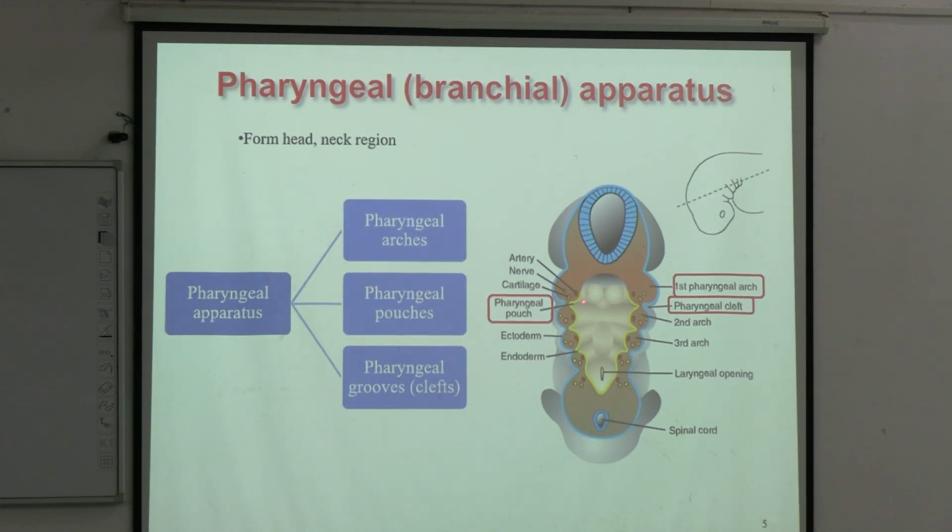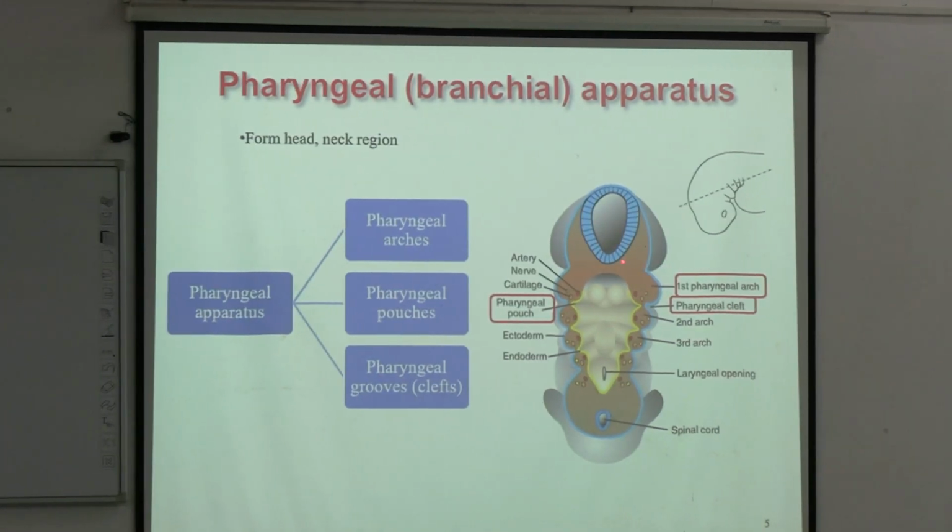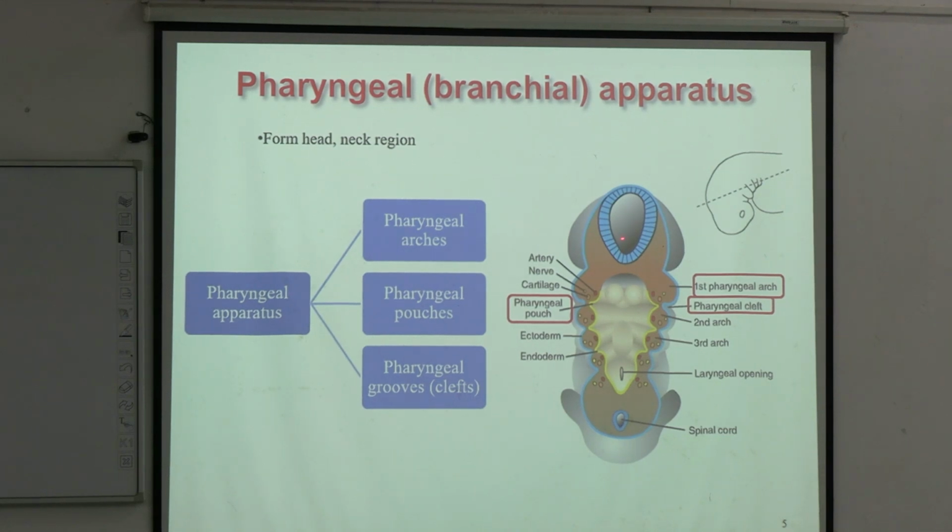And then on the endodermal side, inside the gut tube, we have this yellow thing which is coming from the yolk sac derivatives, we call them the endodermal element, the pouches or pharyngeal pouches. So each of these arches, pouches and grooves individually contributes to form this neck region.